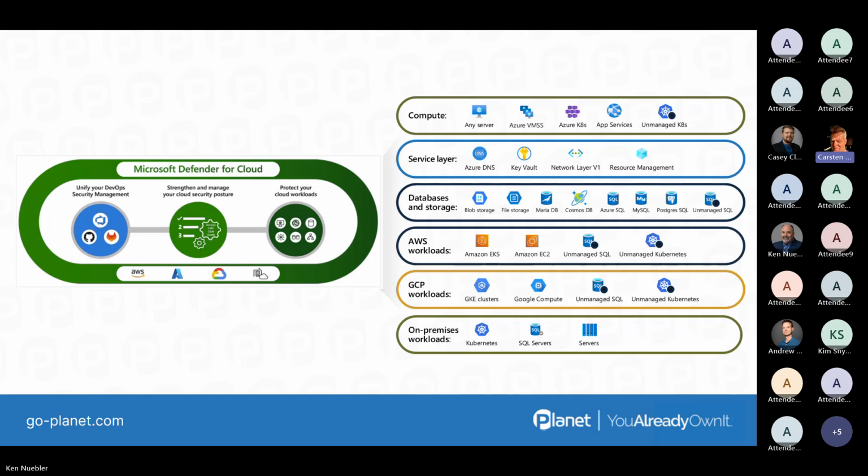We've had great success with many customers starting by onboarding servers from on-prem into Defender for Cloud using what's called Arc.